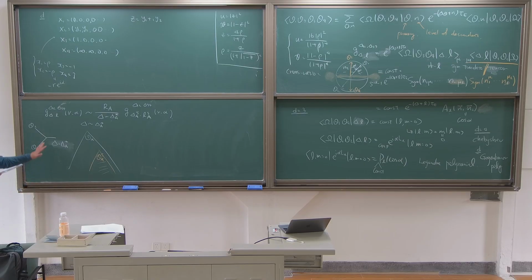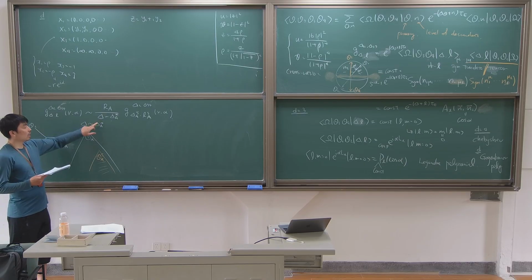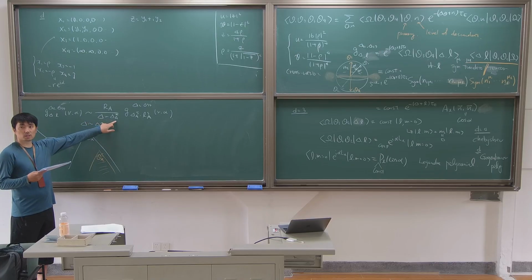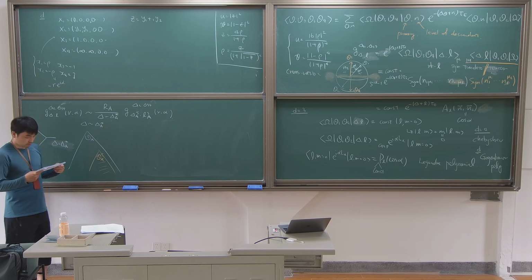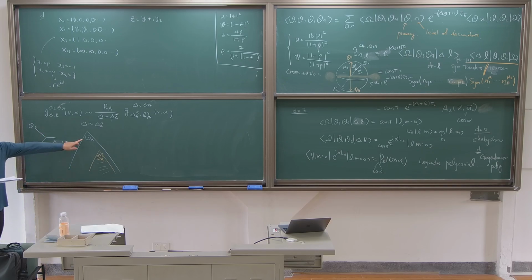So when delta goes to this conformal dimension for a particular operator O_A, which contains the singular vector in its conformal family, it behaves like this. So that's the property of the conformal block.